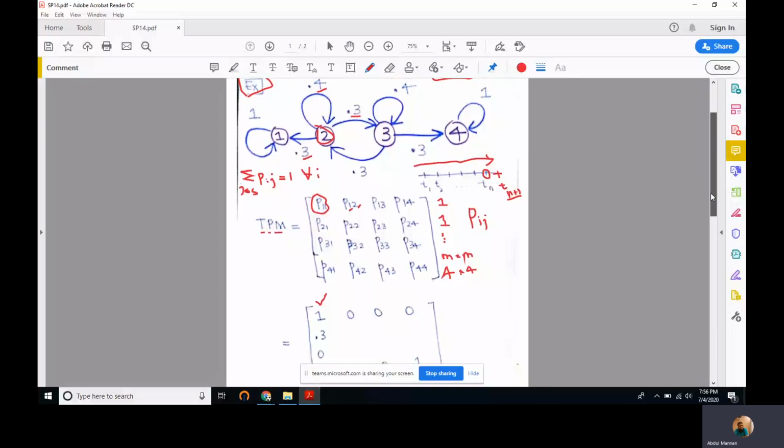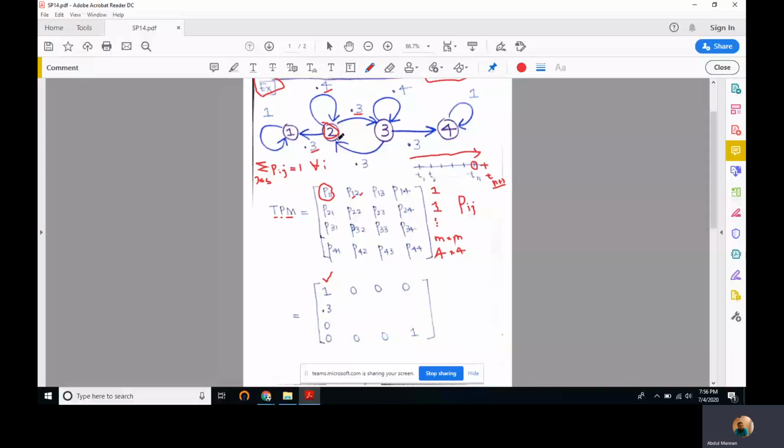For state 2, if we are at state 2 at time Tn, what is the probability that we will be at state 1 at n plus 1? That is 0.3. At state 2, it is 0.4, and at state 3, 0.3. But if we are at state 2, we cannot be at state 4 at time n plus 1, because there is no arrow from 2 to 4.